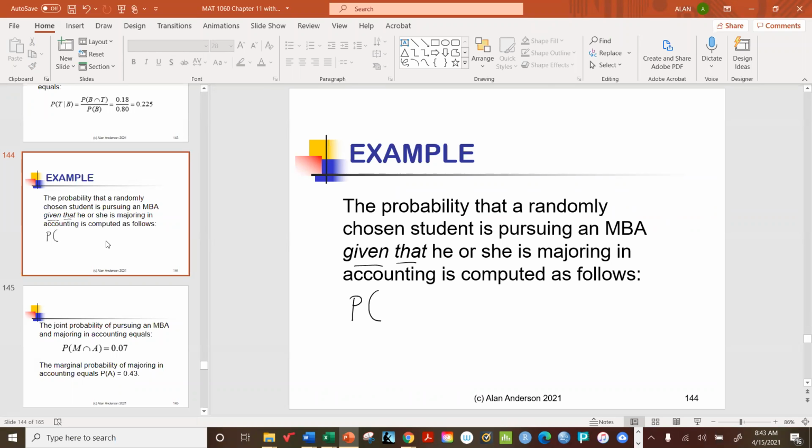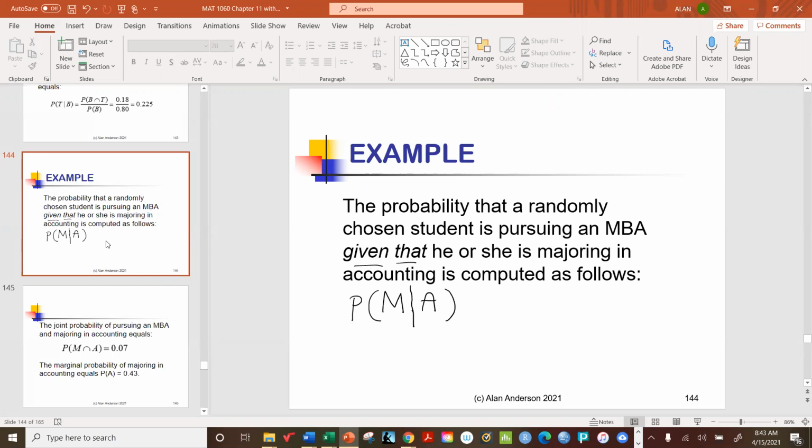M and A. Well, actually first, let's write it out like this. It's M because we want to know the probability that they're pursuing an MBA. This is the part that we know, the A part. We know that this person is majoring in accounting.